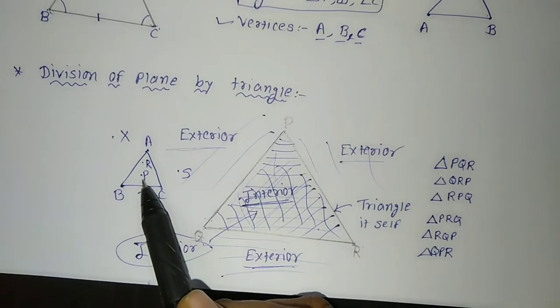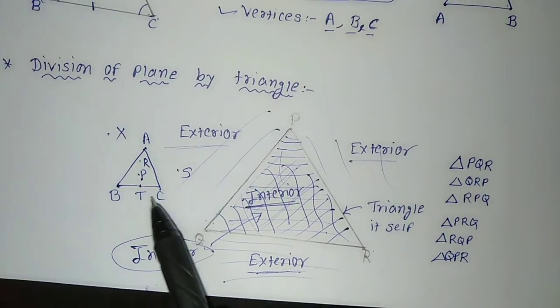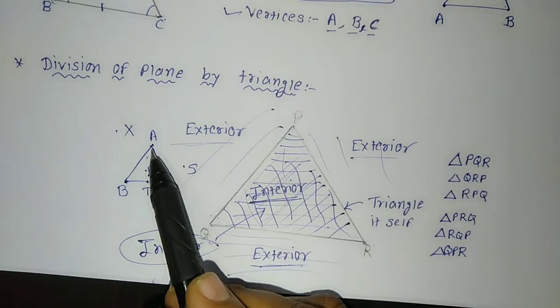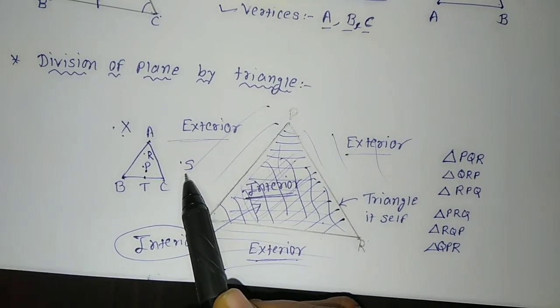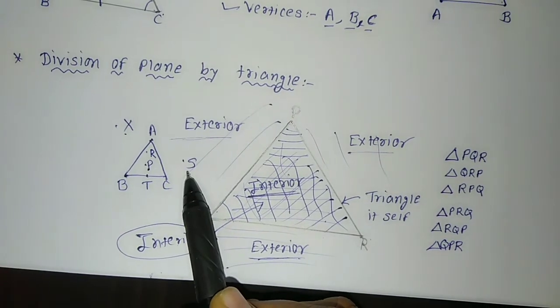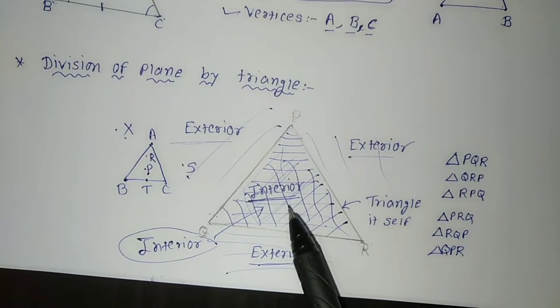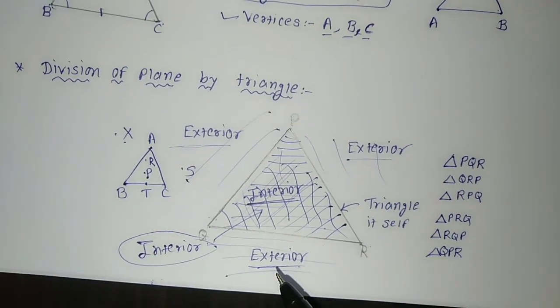You can say points P and R are in the interior of the triangle. Point T is lying on the triangle and points X and S are lying in the exterior of the triangle. So we can say a triangle divides the plane into three parts: interior of the triangle, exterior of the triangle and the triangle itself.